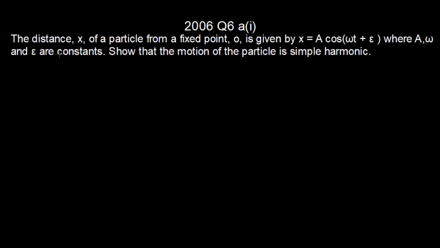So, for example, in this question, they say the distance x of a particle from a fixed point O is given by x is equal to a cos(omega t plus epsilon), where a, omega, and epsilon are constants. Show that the motion of the particle is simple harmonic.